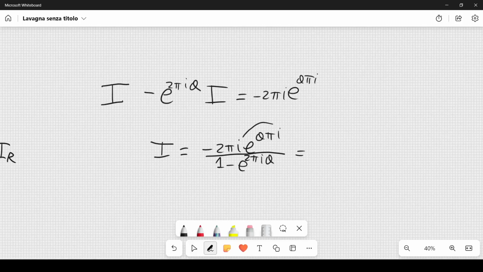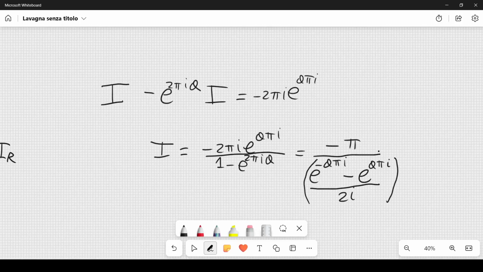Now you can divide by e to the a pi i both the numerator and the denominator. And you can also divide by 2i. So we can write this as minus pi divided by e to the minus a pi i minus e to the a pi i, and then we divide this by 2i.